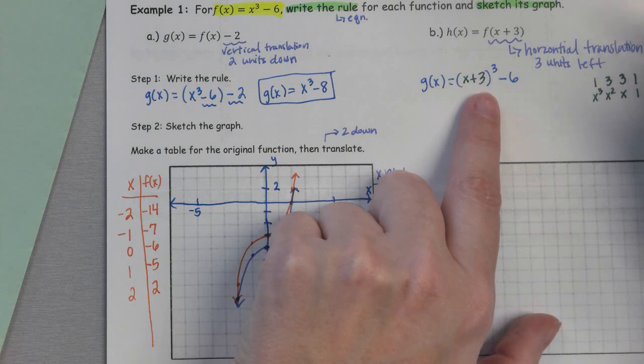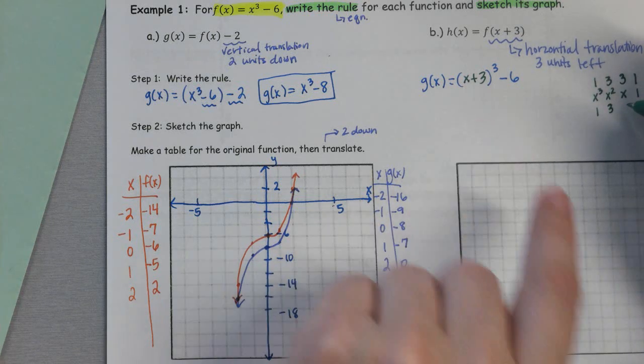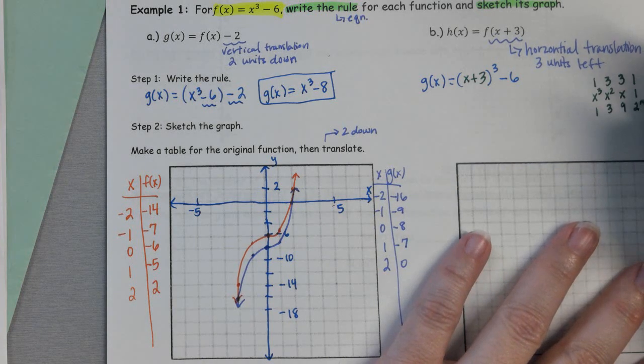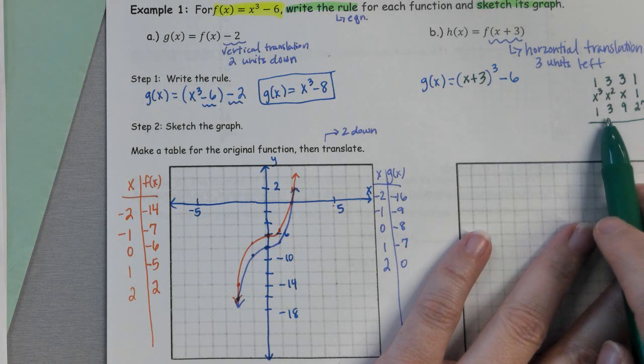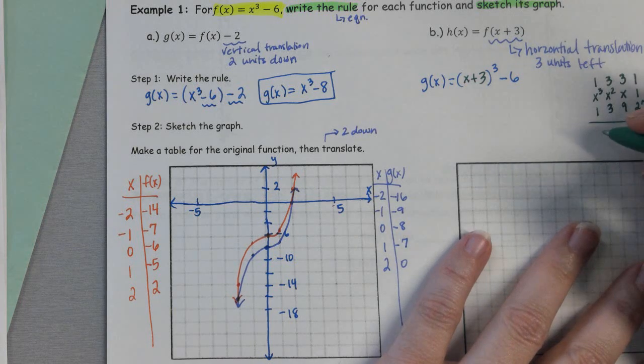Because what's 3 to the 0? 1. 3 to the first is 3. And then I would just simplify these right now. What's 3 to the second? 9. What's 3 to the third? 27. Yeah, so see how you can just do that in your head? Remember when we did that? 3 to the 0, 3 to the first, 3 to the second, 3 to the third. And now you just multiply straight down.